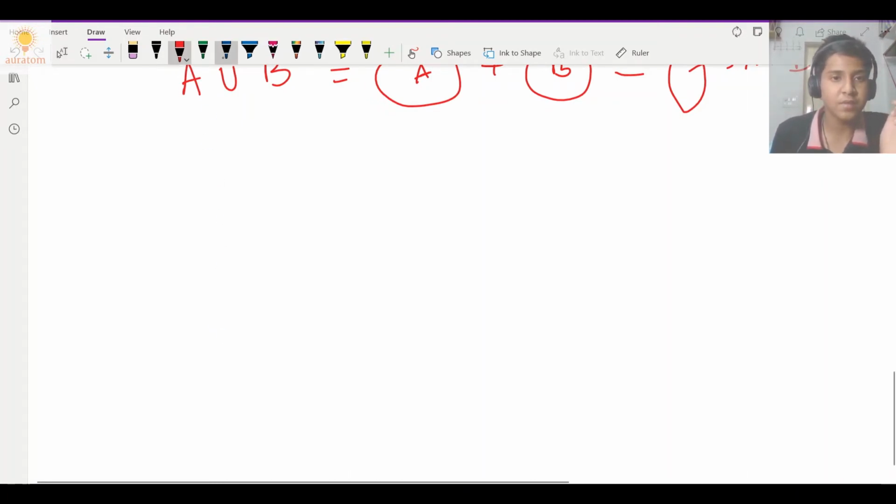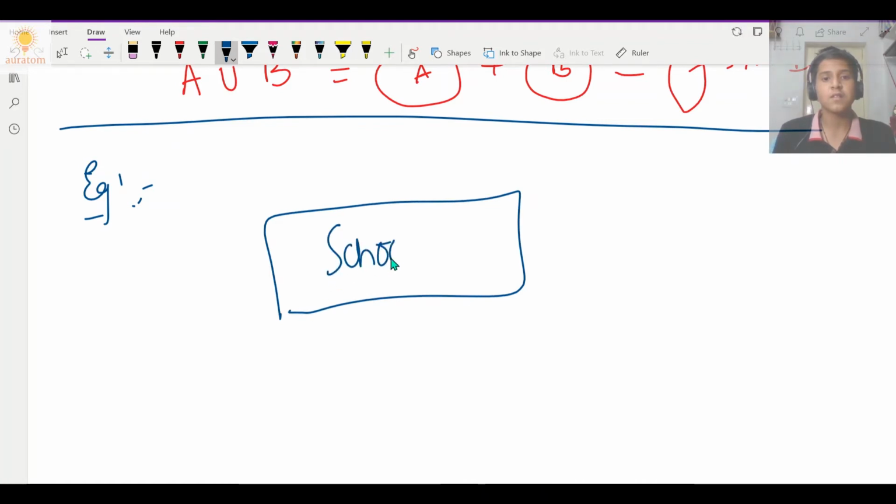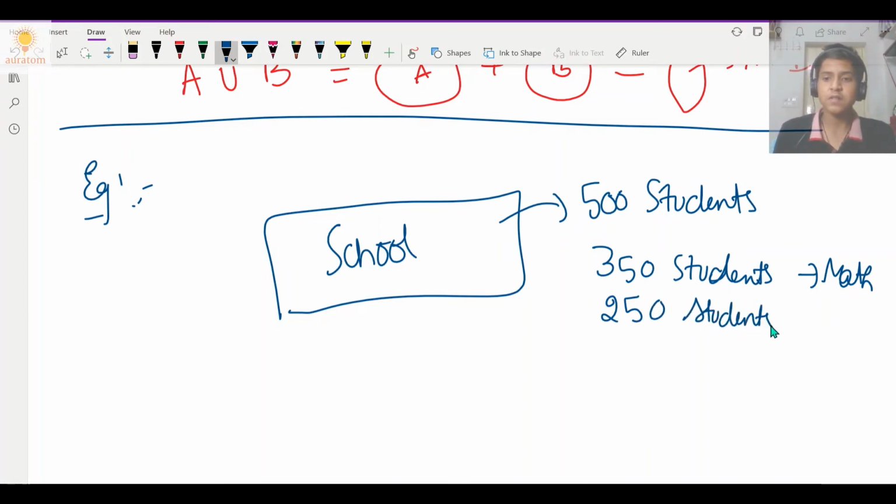So now in this example, let's say there is a school and there are 500 students studying in this school, and let's say that out of these 500 students, 350 students study math, and 250 students study physics.